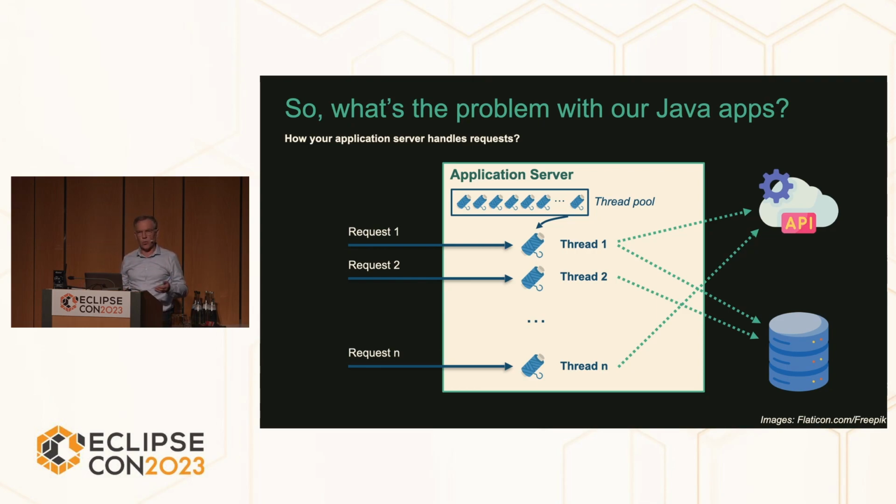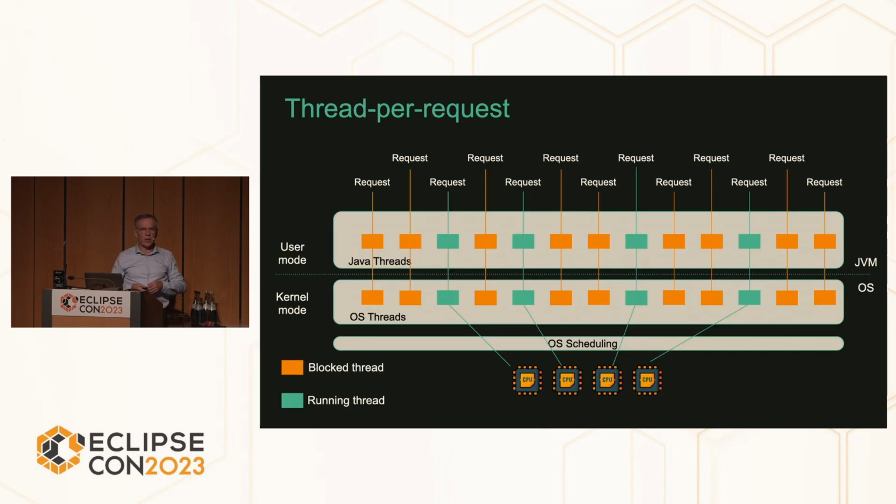What happens when the processing needs to call a database or a remote service? The process is blocked. And we end up with multiple blocked processes, Java threads, and consequently operating system threads.